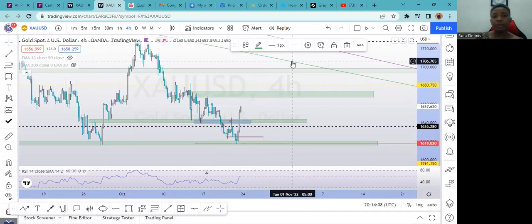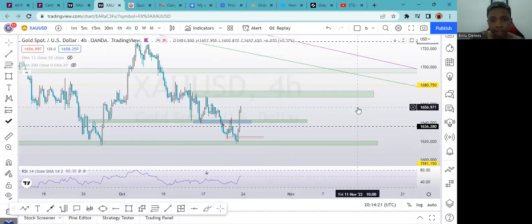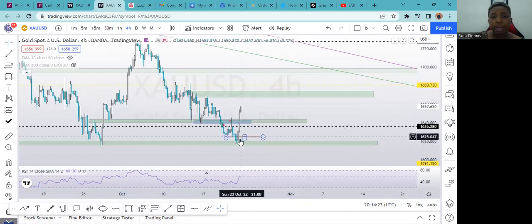I use green for my 4 hour. So any green thing you see is a 4 hour zone. Sorry, this red one is just like mental alerts. So yeah, this is an impulse move, and we created another phase of order block that was not retested.